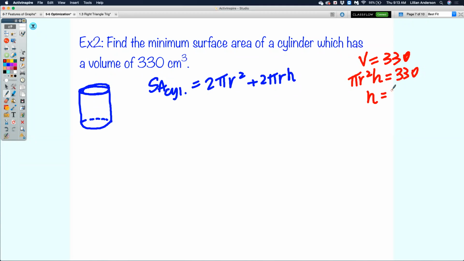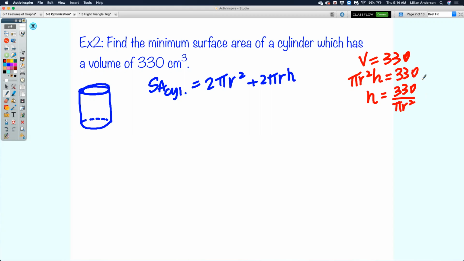Now let's just say you want to solve for the radius. That's totally fine. Do realize that depending on what variable you solve for, it could be a little more work for one than the other, okay? But by solving for height, it's a little easier because all you have to do is divide by pi r squared. If you solve for r, you have to divide by pi h and then take the square root, and then you have to keep up with a square root.